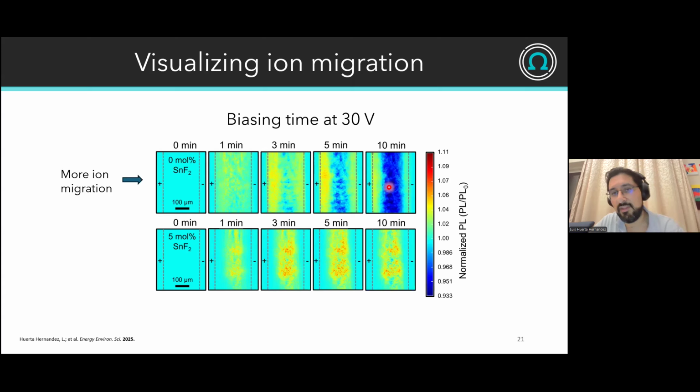This quenching we attribute to the creation of very defective regions. Ions go towards the interfaces, and then in the center you leave a lot of defects, which act as non-radiative recombination centers, which reduces the PL. And when you have a bit of tin fluoride, you would expect a bit less ion migration, so we observe a more stable PL behavior with time.